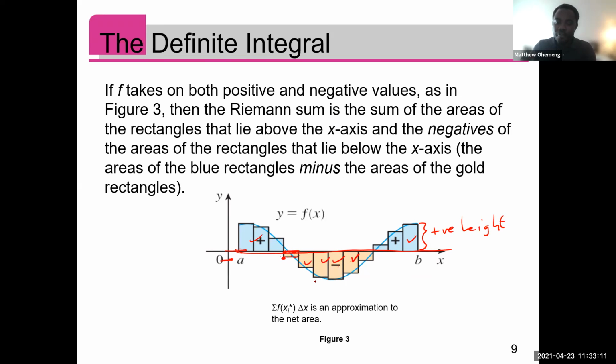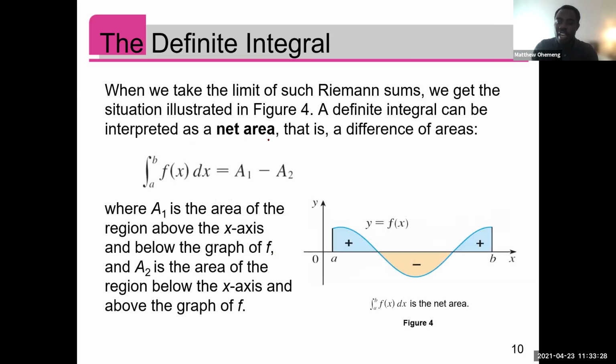So if the function is some part negative, some part positive, then we can't simply interpret the definite integral as area under a curve. We will end up doing a subtraction of the areas. So in that case, we refer to the definite integral as a net area, because it's a difference in areas. It's the positive part minus the negative part.